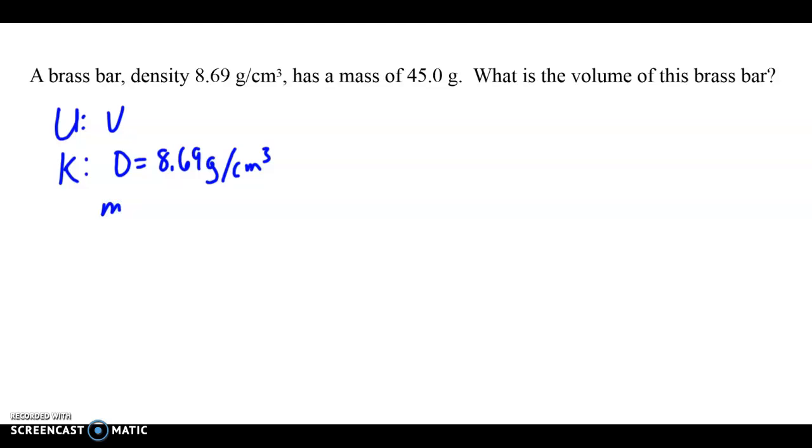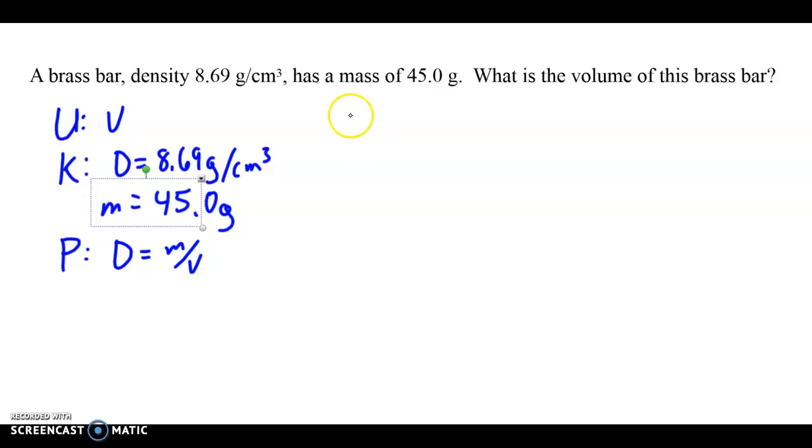And mass equals 45.0 grams. All right, we have volume, density, and mass. We know those are related by the equation D equals M over V. And then when we solve, we'll plug into that equation.